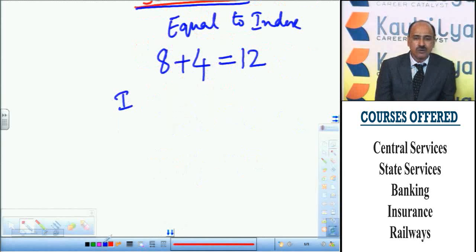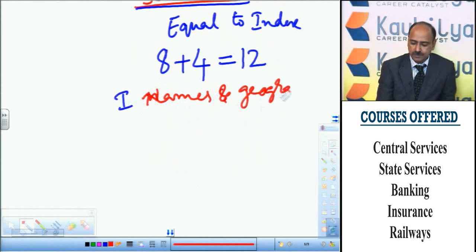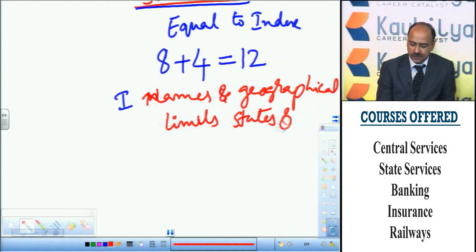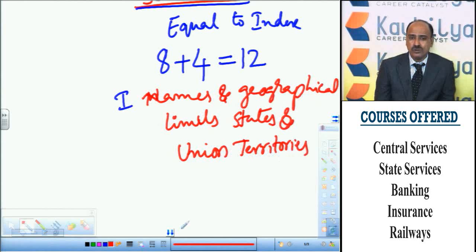Schedule 1 explains the names and geographical limits of states and union territories. If we want to know states and union territories information in our constitution, we go to schedule 1.